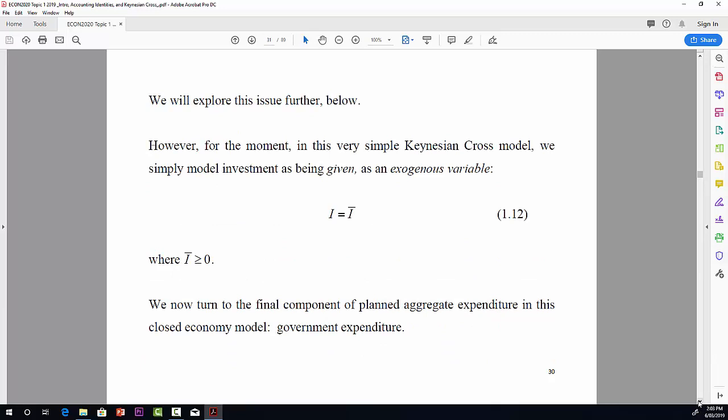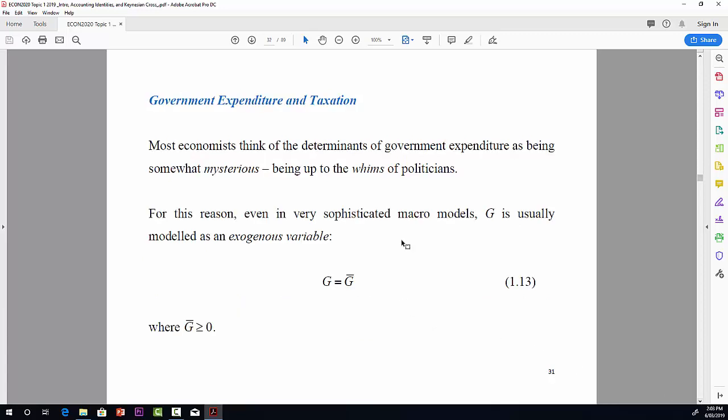Okay, so we've looked at C and we've looked at I. Now let's look at the last component of planned aggregate expenditure, government expenditure. As I mentioned before, economists tend to think of government expenditure as something that's really hard to predict. It's really up to the whims of politicians, and sometimes politicians can be quite unpredictable.